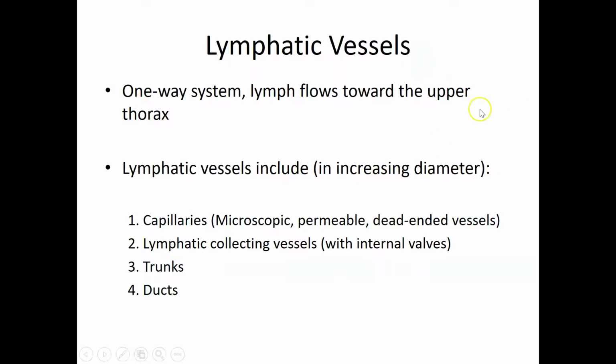The lymphatic capillaries then are going to connect to a series of larger vessels by merging of the smaller vessel into the larger type. Many lymphatic capillaries are going to merge into a larger, what's called a lymphatic collecting vessel.